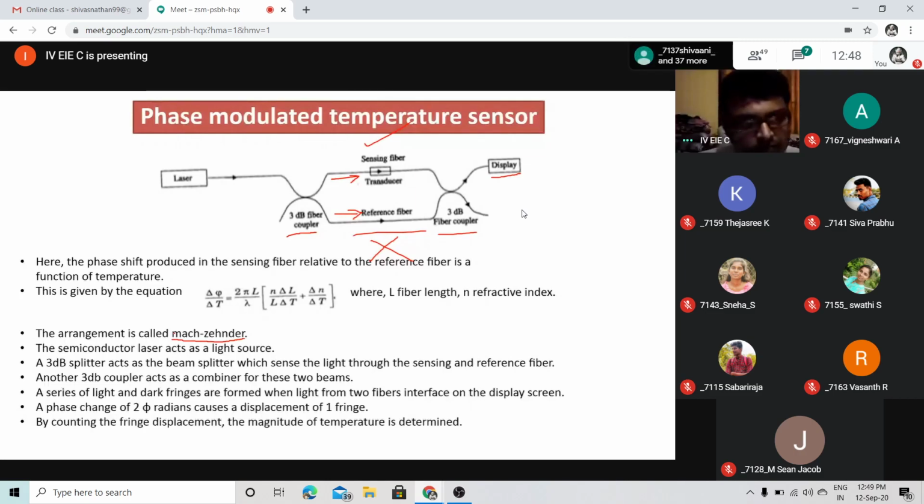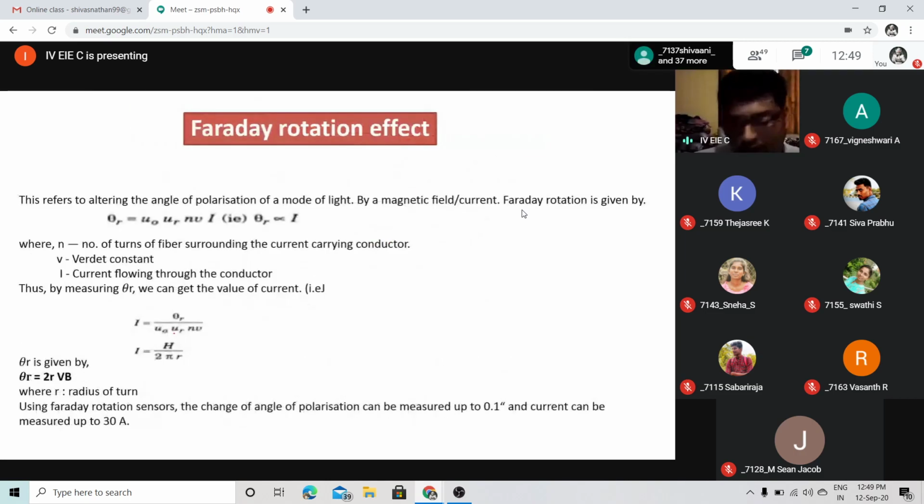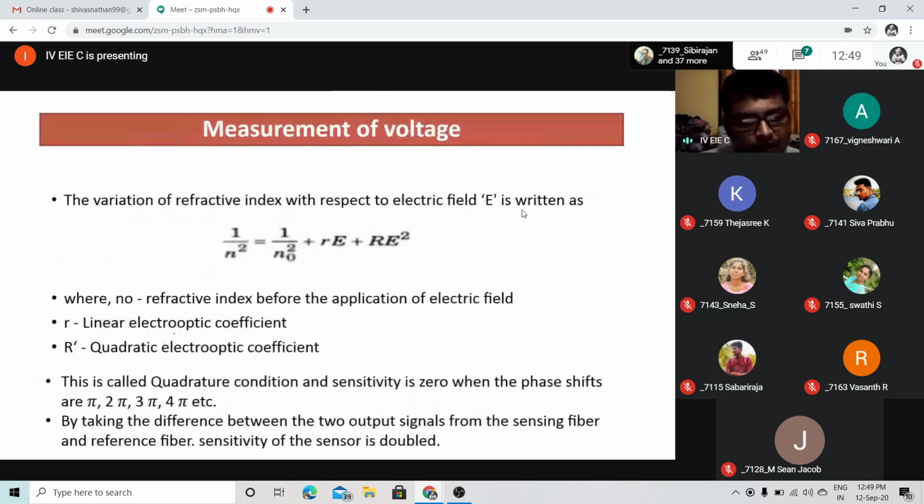Okay. Yes. Now coming to the measurement of voltage. This is the equation which governs the Kerr effect, where the refractive index change is related to the electric field.